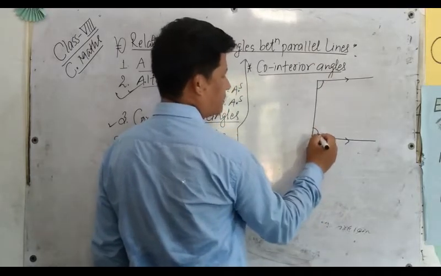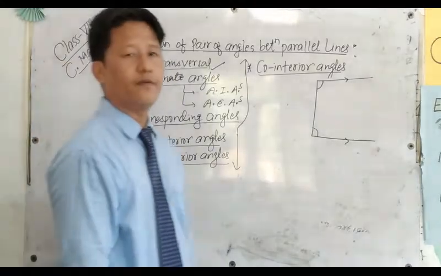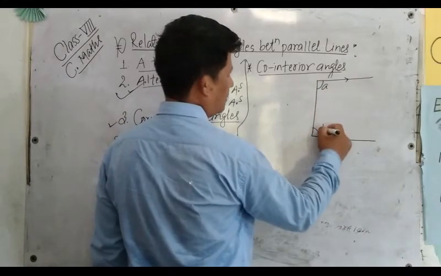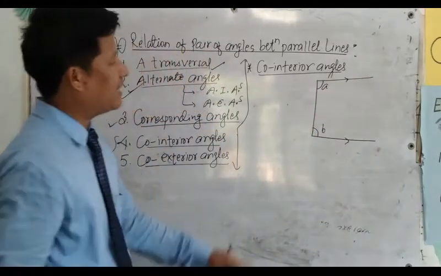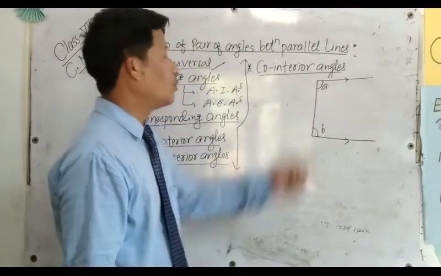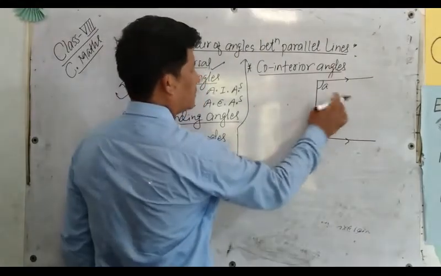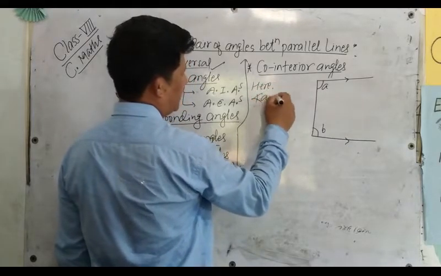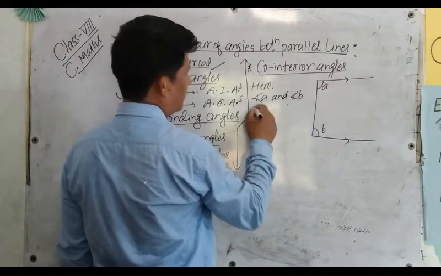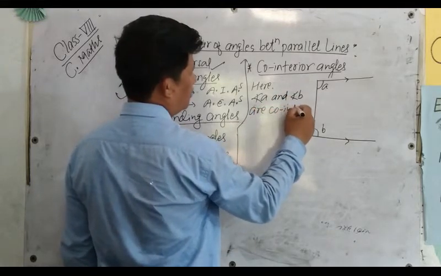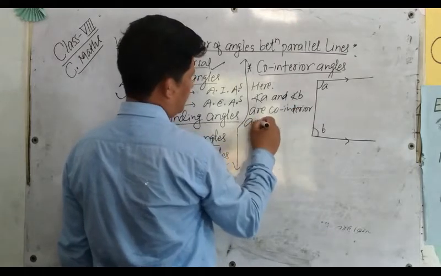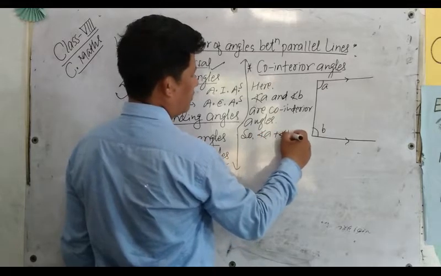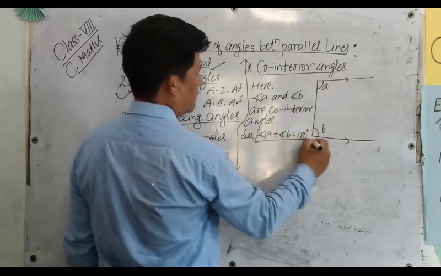If the angles are formed in the shape of C, then these angles are called co-interior angles. So here angle A and angle B are co-interior angles, so their sum must be equal to 180 degrees.